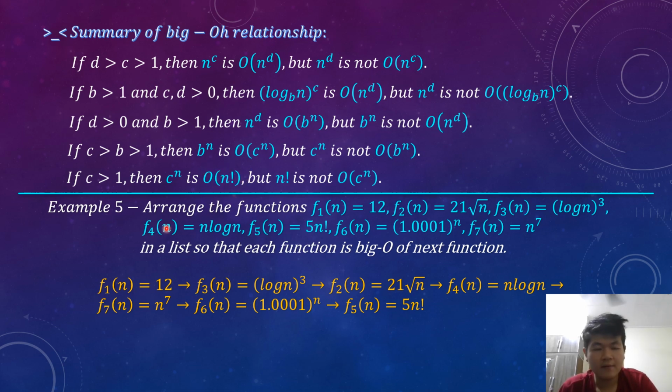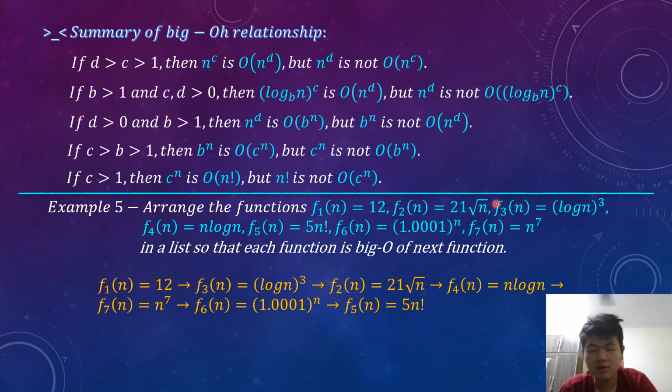For example 5, arrange the functions f1 to f7 in a list so that each function is big O of the next function. So we can see the slowest one is the constant function, so put 1, and next is the log function because log is slower than the polynomial function.